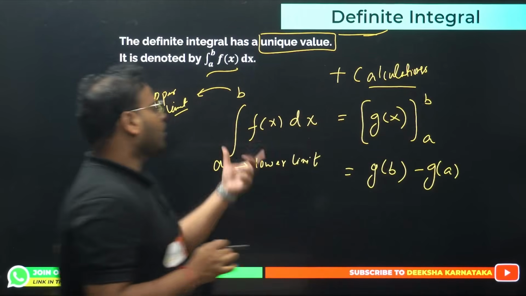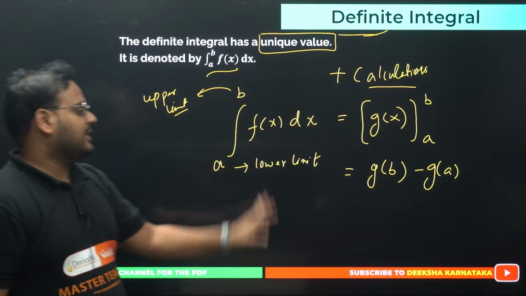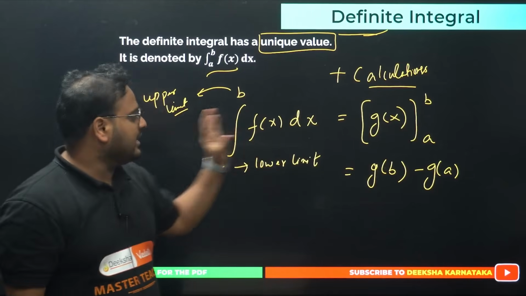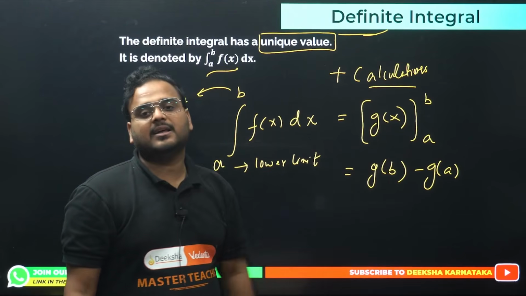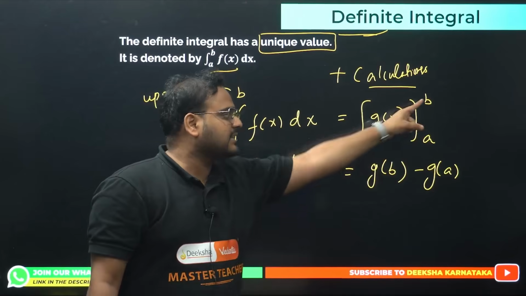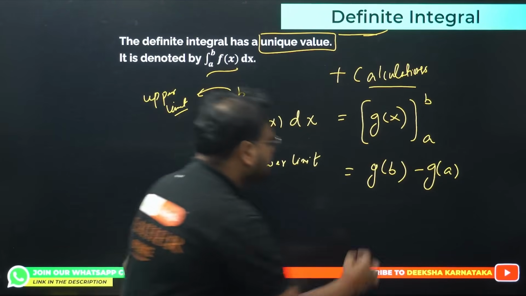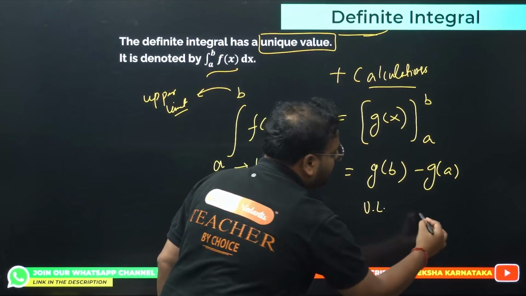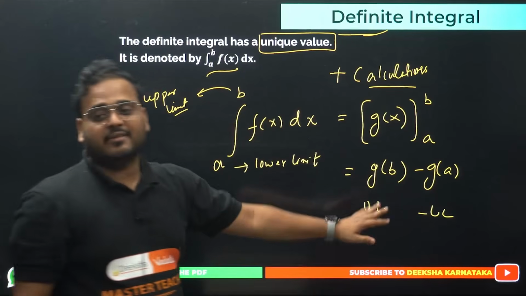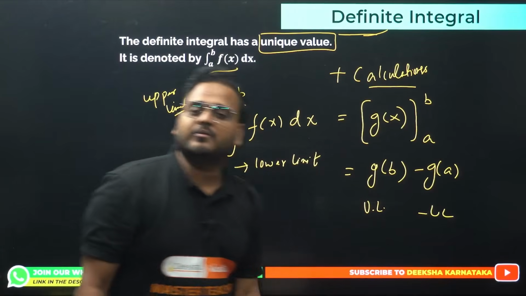So this is the notation of your definite integral, and that's how it proceeds. Means you integrate first, put the limits, and then simply substitute in the x as upper first minus lower. Upper limit value minus lower limit value. This will never change.